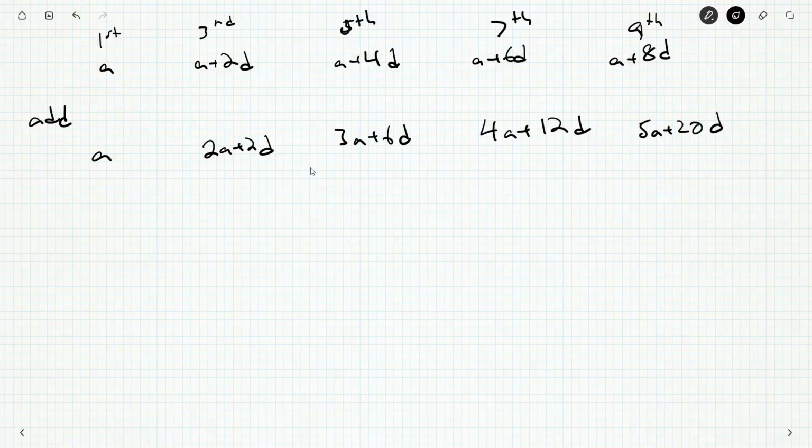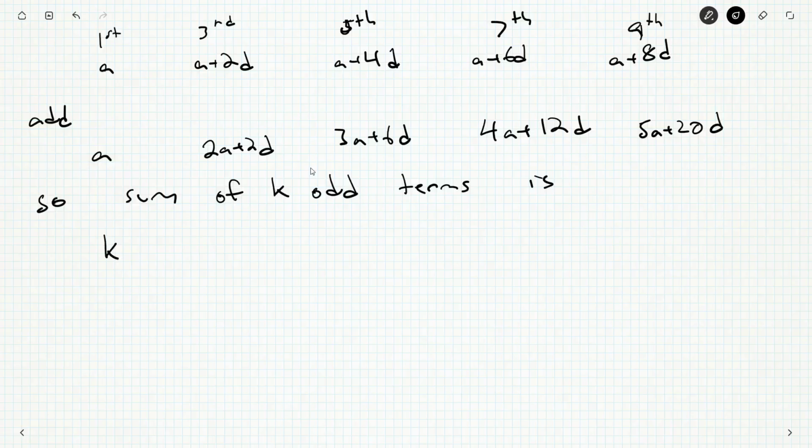Okay, so here's my pattern for the sum of odd terms. The sum of the first k odd terms has k a's, because each one introduces an a, plus k times (k - 1) d.